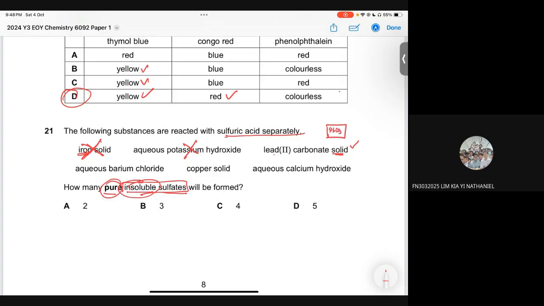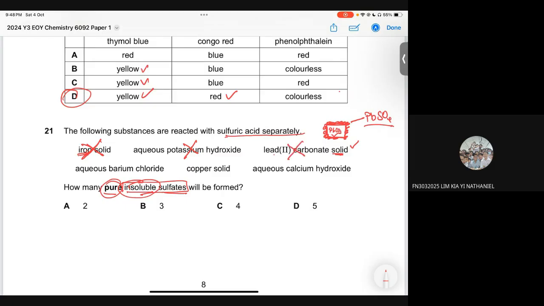When it reacts with my acid, my lead sulfate will form a layer around it, which then stops the reaction after a while. So it will not be purely lead 2 sulfate. My solid will contain lead 2 sulfate plus PbCO3, lead 2 carbonate, because not all of the lead 2 carbonate will react due to the insoluble layer coated around it. So this cannot be the answer.